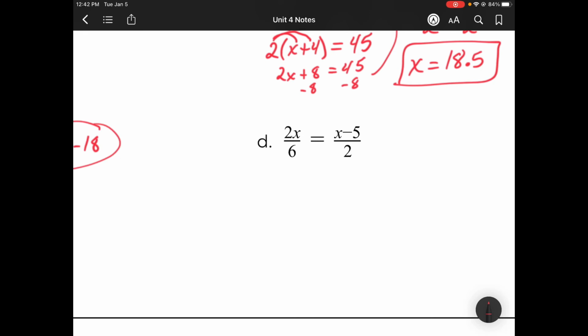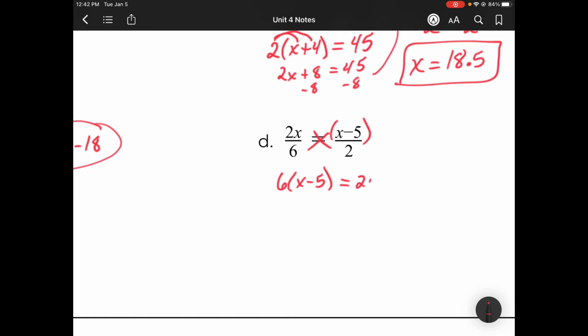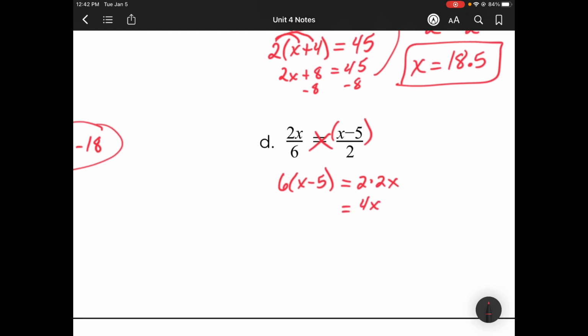Okay, finally part D, we're going to cross multiply again. This time x minus 5 will go in parentheses so that we distribute there. In the other cross product, it's just 2 times 2x. We don't really need to distribute anything there. It's just a single term times 2, which simplifies to 4x. On the left, however, when we distribute, you get 6x minus 30.